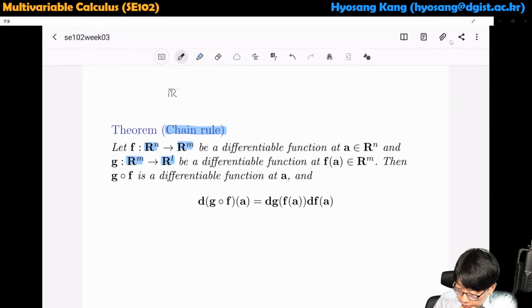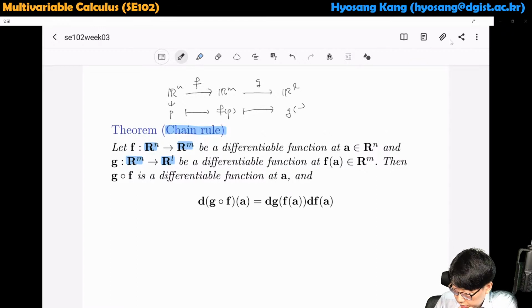So what happens is I'm sending a point in Rn to a point in Rm by function f, and then send that point to a point in Rl. So this is the final point.